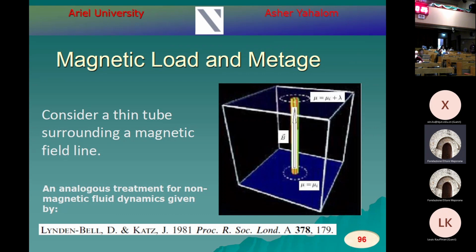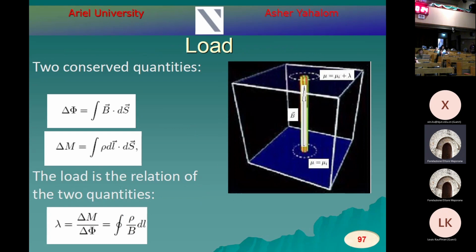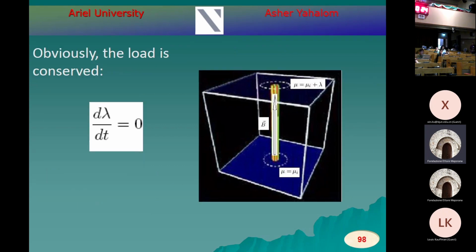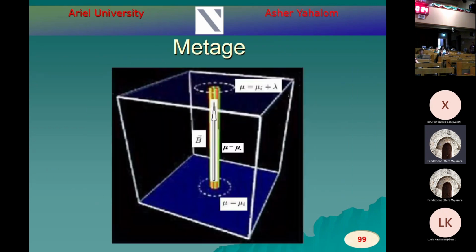Load and metage were defined for standard fluids by Lynden-Bell and Katz in this paper, Proceedings of the Royal Society of London. But we generalized, and when I say we, I mean Lynden-Bell and myself, to the case of magnetic fields. So for the load, you take the flux of the tube, you take the mass inside the tube, you divide them, and you get the load, and it's a co-moving quantity.